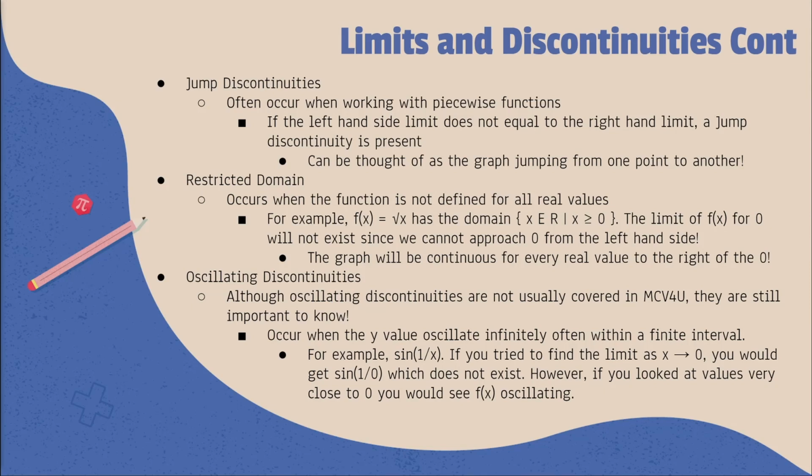And so, again, although the values seem to be jumping from -1 to 1, so they go up and down extremely quickly, we still know that the value at 0 does not exist. And so this is what we call an oscillating discontinuity. Again, if that sounded too complicated, do not worry about it. It's just something fun for you to know about.